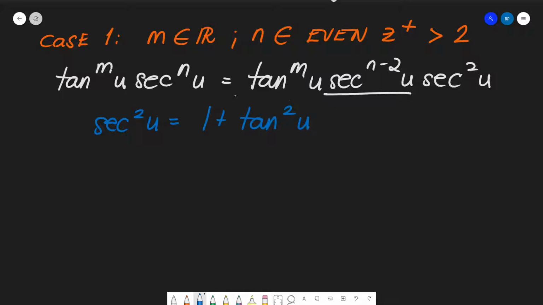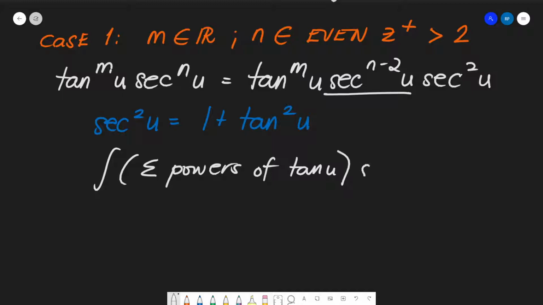Then, pagka i-substitute na natin yung identity natin, i-multiply natin yung tangent raised to mu, so magkakaroon tayo ng integral ng summation ng powers of tangent u. And alam natin na ano ba ang differential ng tangent u?